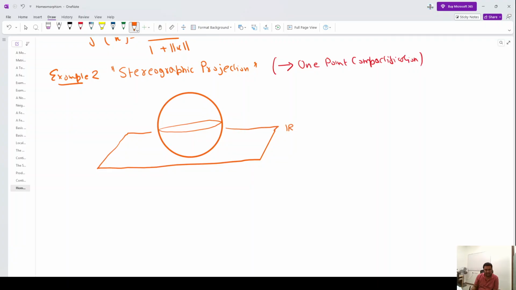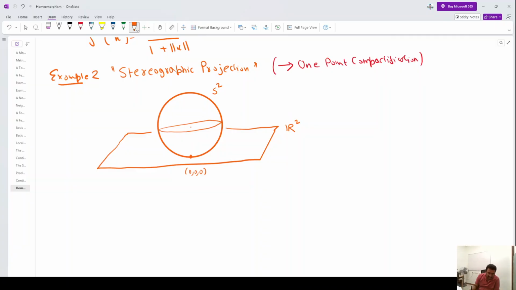So say this is my R2 and this is S2. This is in R3. Let's decide the coordinates also. So this will be 0, 0, 0. I'm just making some sphere. Let us take its radius as 1.